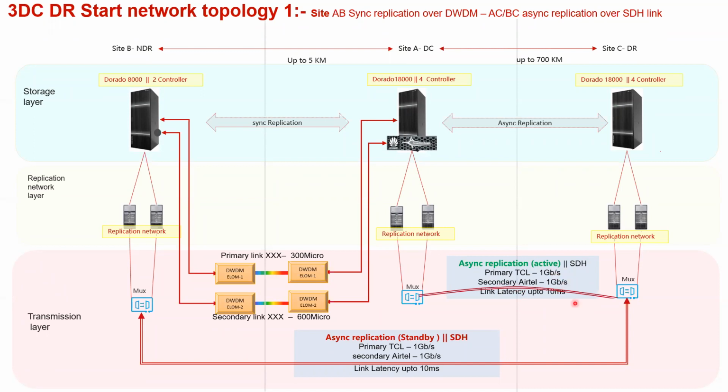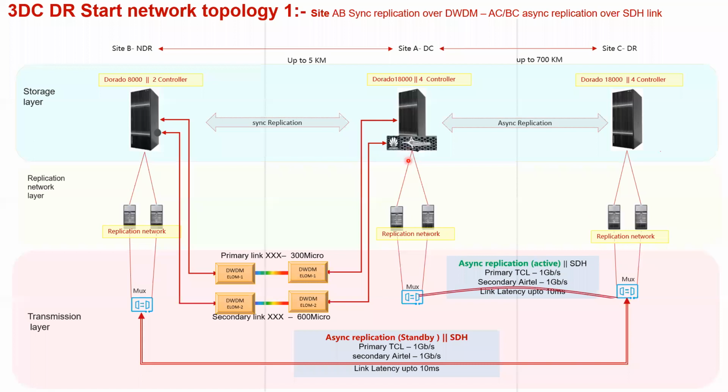So I can ask for SDH or MPLS or any other link to give me IP-based networking. The storage will give the traffic to the replication network, and the replication network will use the MUX of the service provider, and the MUX will replicate the data from site A to site B, and then bring the data back from the other side.